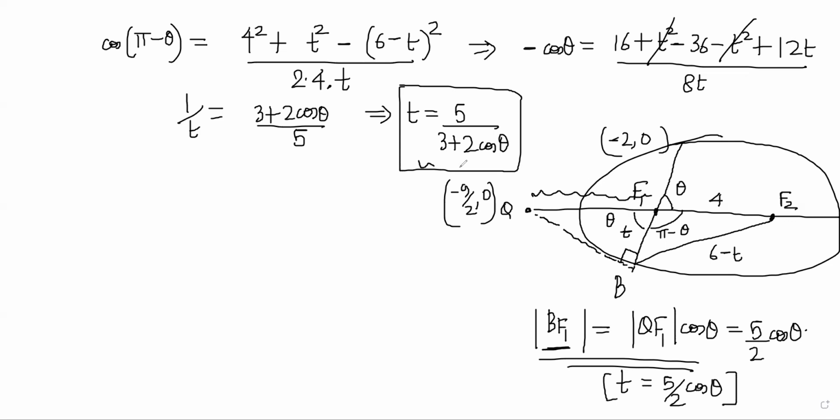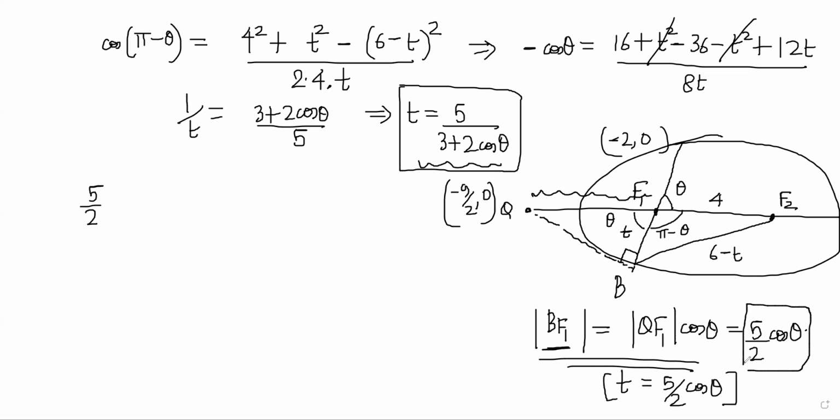And we are also getting here T is equal to this. So we can equate the two different versions of T. So 5 by 2 cos theta is equal to 5 by (3 plus 2 cos theta), right? And we get a nice quadratic equation in cos theta. If you simplify, you will get, oh, I have made a mistake here, because it was not 5 by 2 cos theta, it was 5 by 2 cos theta.